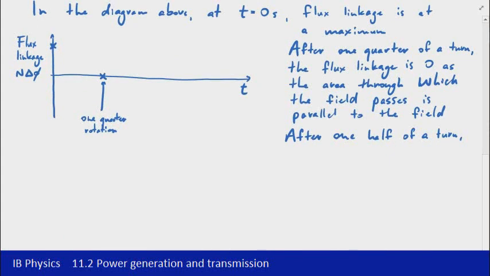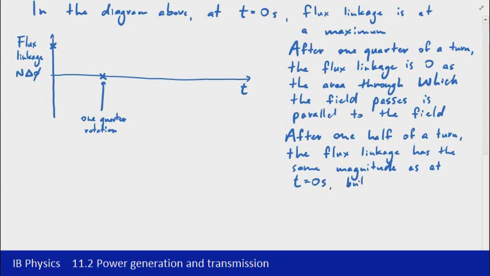So after 1/2 of a turn, the flux linkage is the same magnitude as at t equals 0. But it's now the opposite direction.